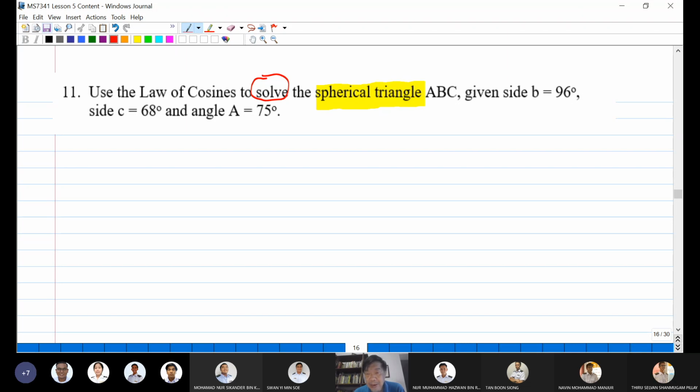I can try to draw it as accurately as possible. You have ABC here. Anytime you think your triangle looks strange, you can adjust. Angle A is 75 degrees.